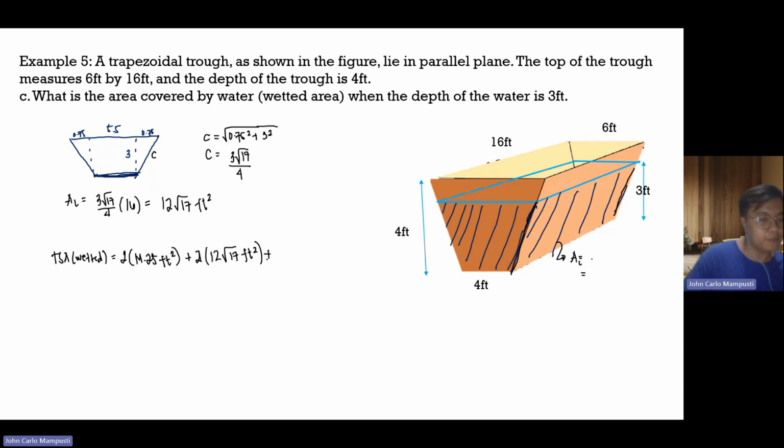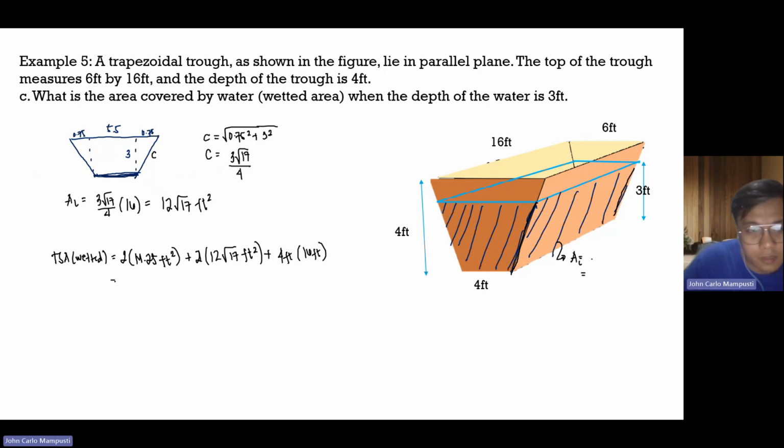Meron pa, no? So, yung wetted area natin, hindi lang sa lateral, kundi pati dun sa baba niya. So, yung baba niya, this is 4 feet, rectangular yan, 4 feet times yung length niya, which is 16 feet.